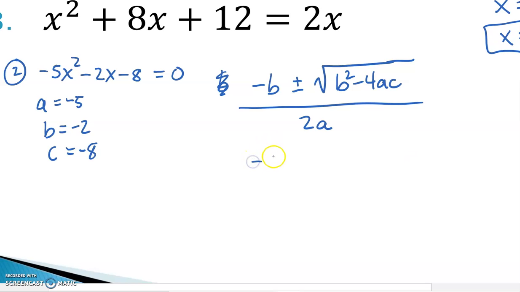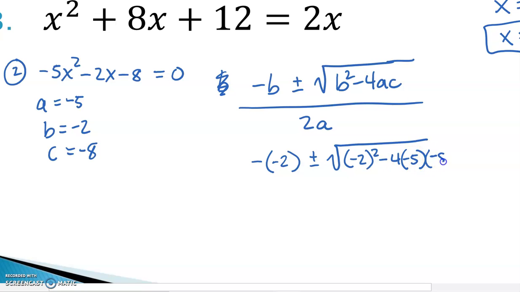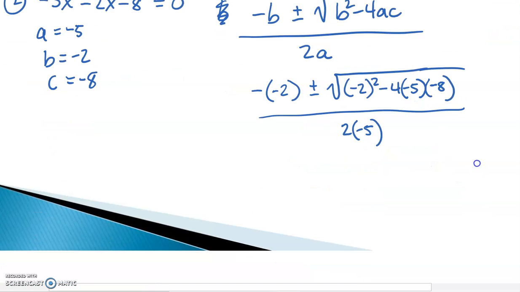So negative, and then b is -2, so -(-2) plus or minus the square root of b, which is -2, squared minus 4 times a, which is -5, times c, which is -8, all over 2 times a, which is -5. All right, so let's just be real careful with our math here.